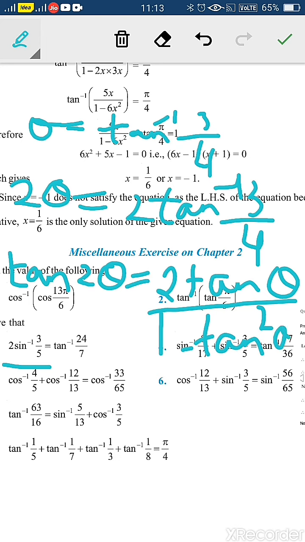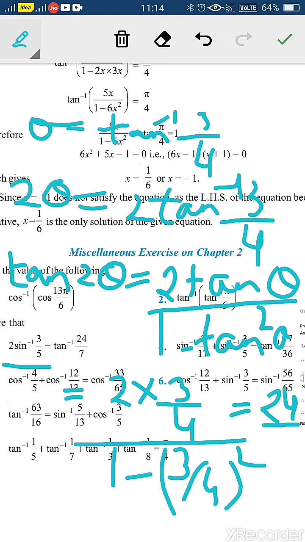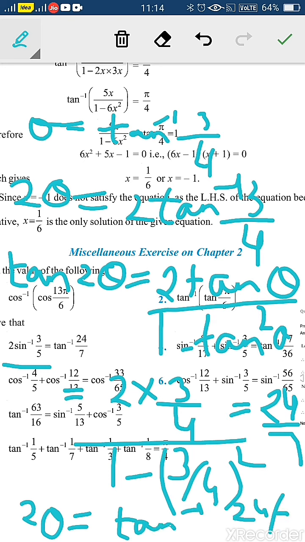This is the formula. So you will apply the value, that is 2 into tan theta, which is 3 by 4, upon 1 minus 3 by 4 whole square, right? After solving, you will get 24 by 7, right? So what is 2 theta now? 2 theta is equal to tan inverse 24 by 7, which is equal to the right hand side, right?